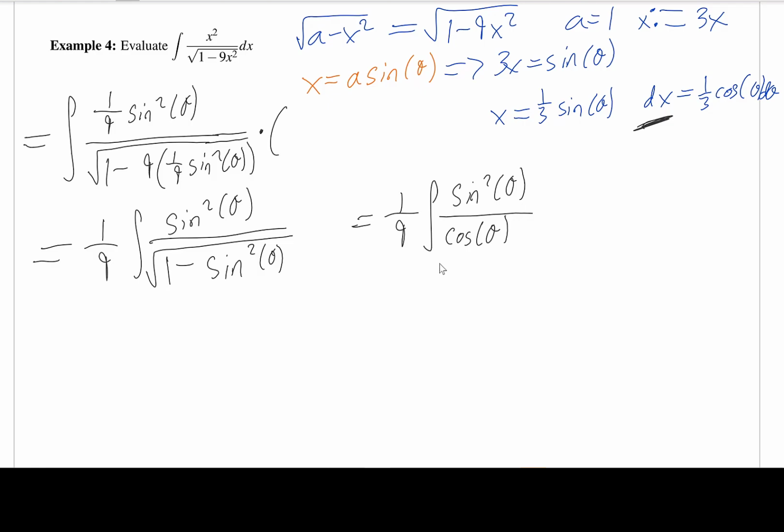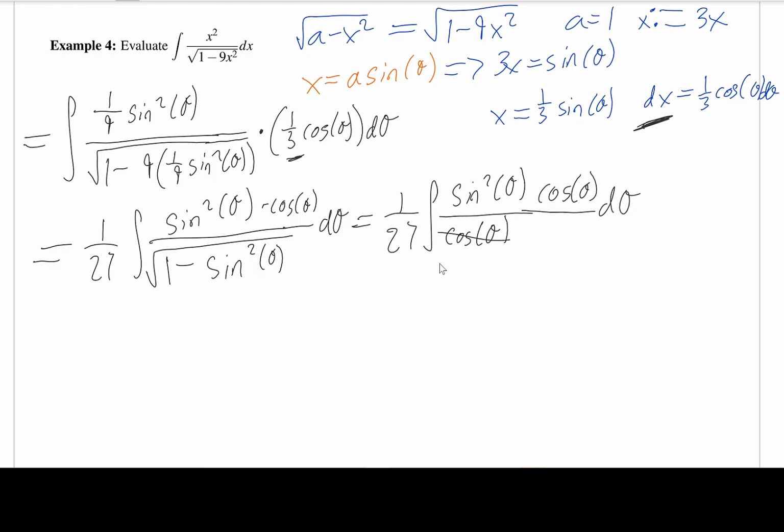So this is going to be times 1/3 cosine theta d theta. So this 1/3 right here should have been pulled out to the front, so this would become 1/27. So then we'd have times cosine theta d theta. So this would be 1/27. And now this makes a lot more sense.